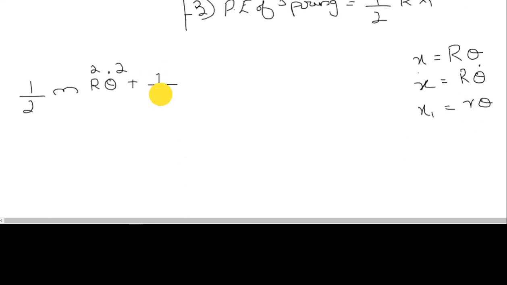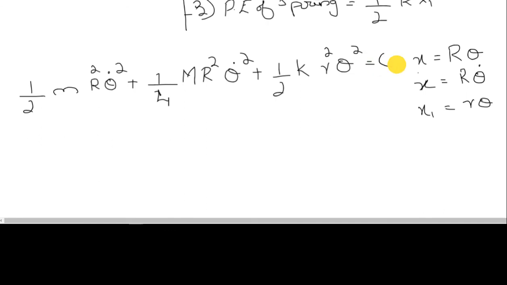So we can keep it as 1 by 4 m r square theta dot square plus kinetic energy of the string, half k, and instead of that x1 you can substitute r square theta square. This will be equal to a constant, or you can equate that to 0 by taking the differential with respect to time.